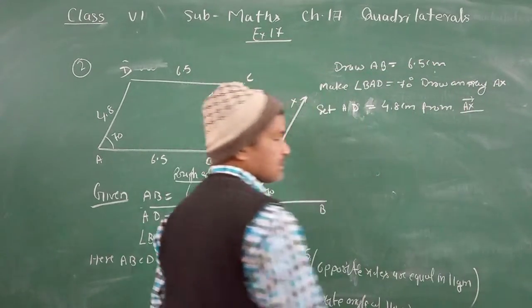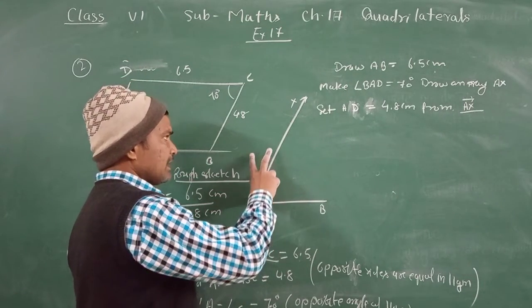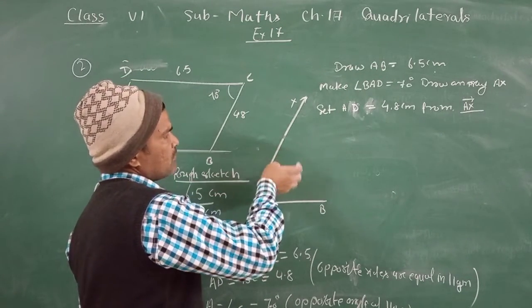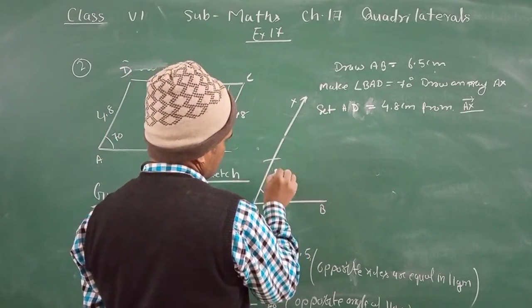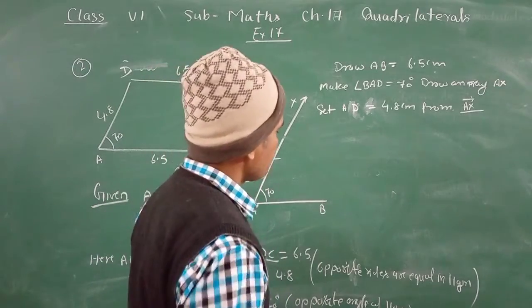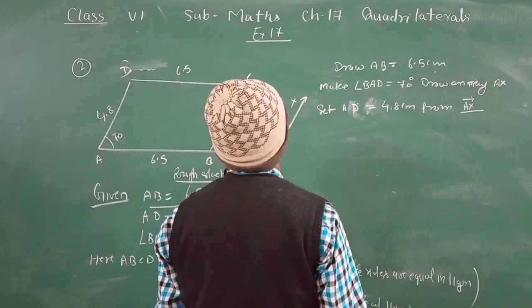That means you take A as a center and cut 4.8 centimeter from A. It will be here. Right?